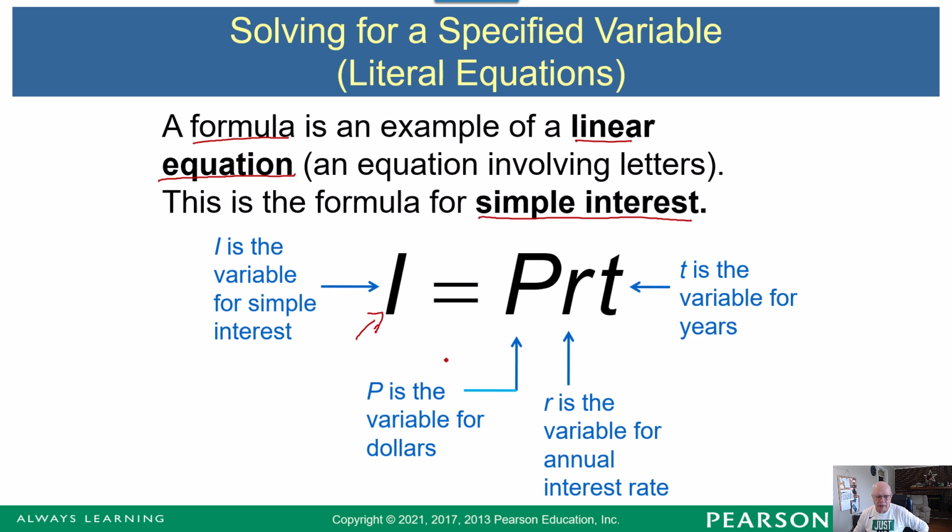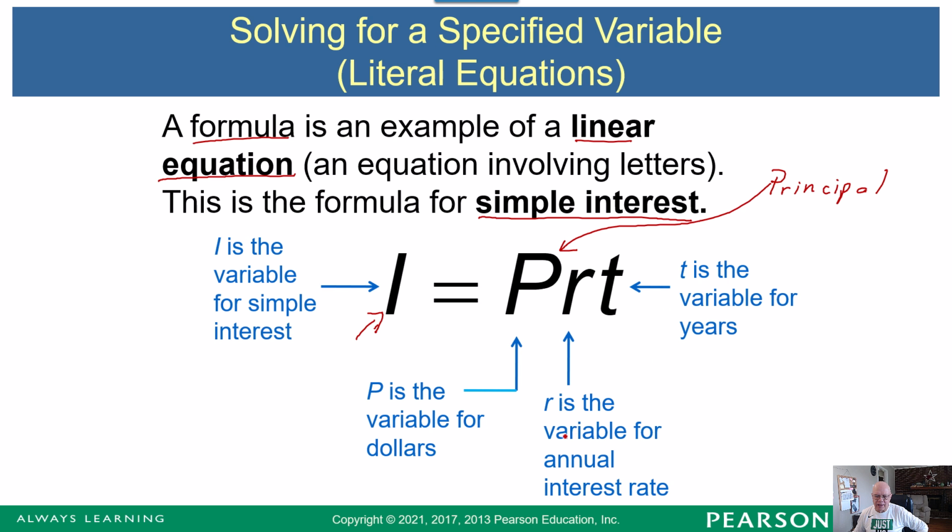Remember that. Now this says P is the variable for dollars. Well, why is it called P? Well, there is a reason. This represents the principal that you put into your bank account to get the interest out.